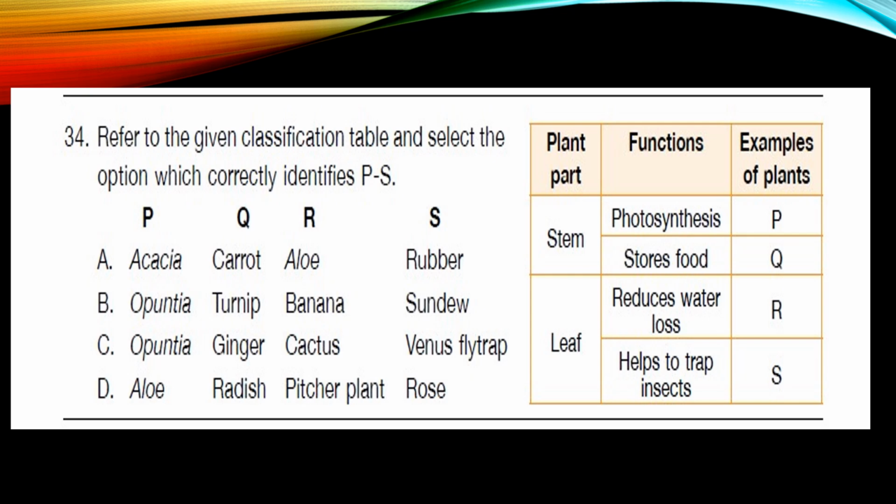For examples, P, Q, R and S. First, stem, store food, that is Q. Let's check for Q first. Carrot, turnip and radish are roots. Only ginger is stem, so our answer is option C.